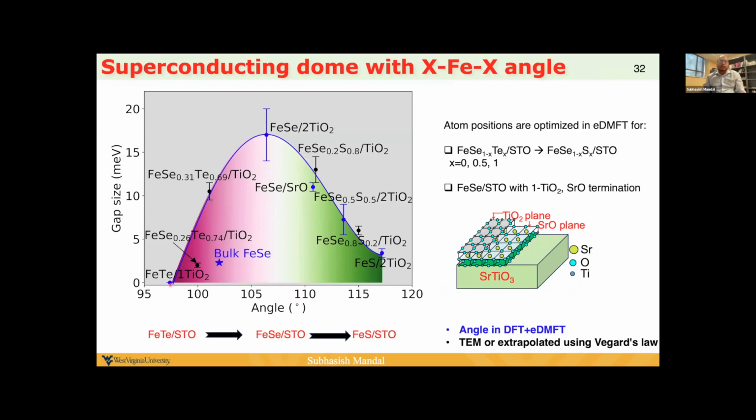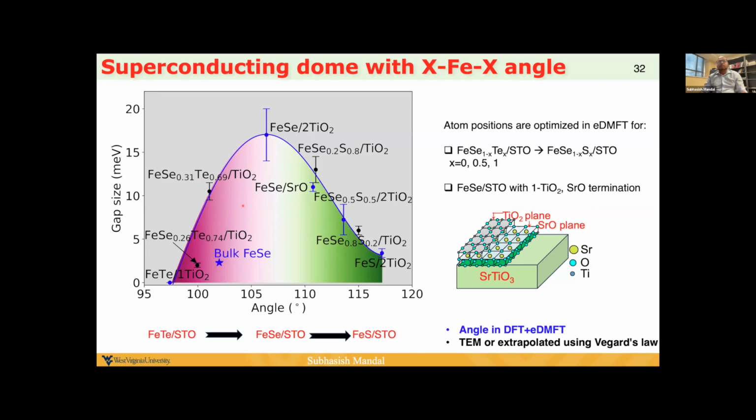And again, these angles are obtained from the DMFT calculation with DMFT force for most of the points, except this concentration where we could not reach. We could not compute due to the large supercell. So it shows a very interesting dome.